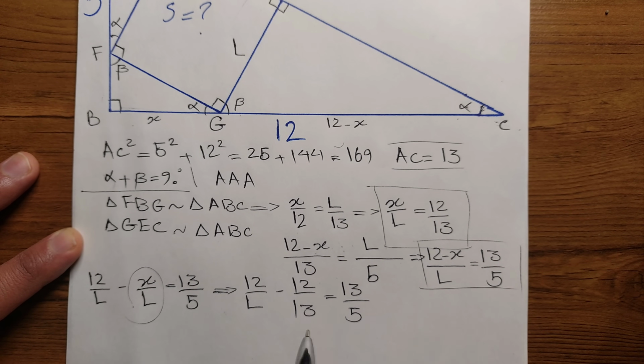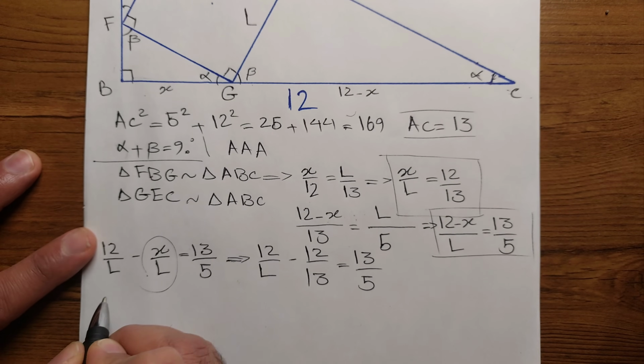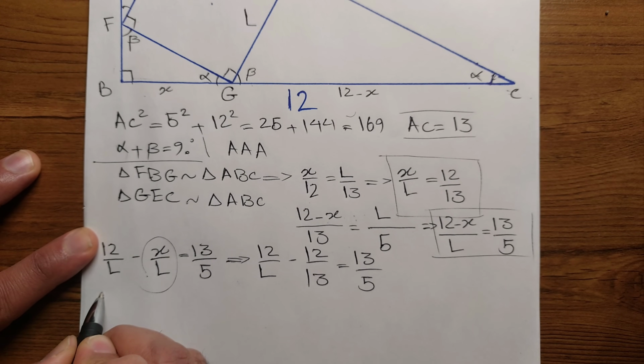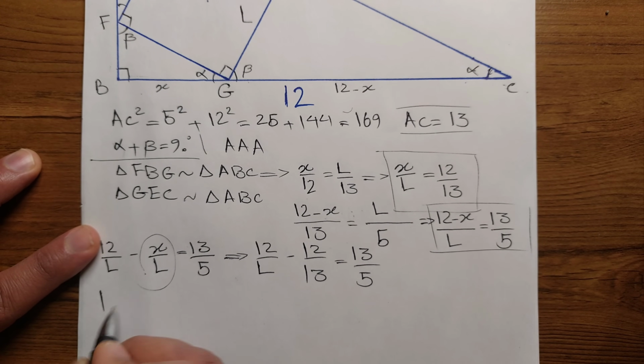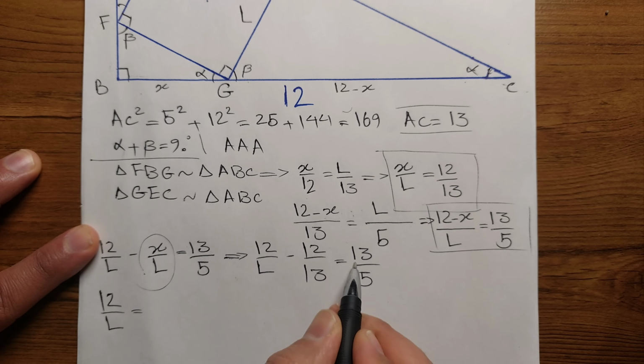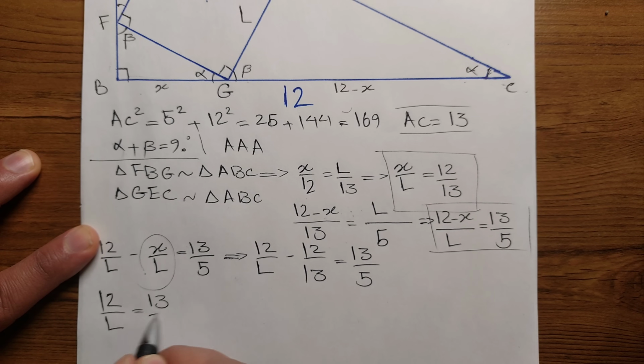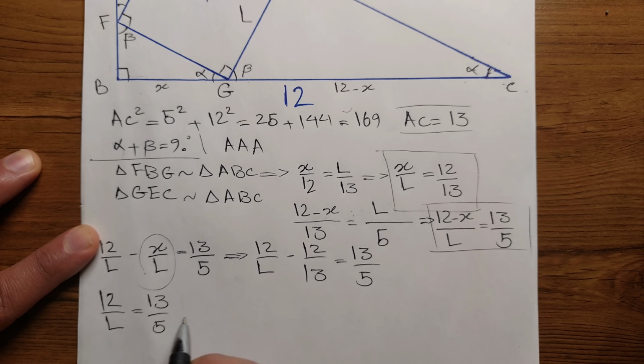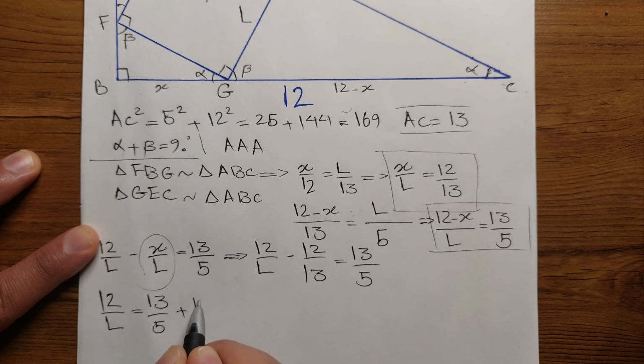We can write here 12 over L equals 13 over 5 plus 12 over 13.